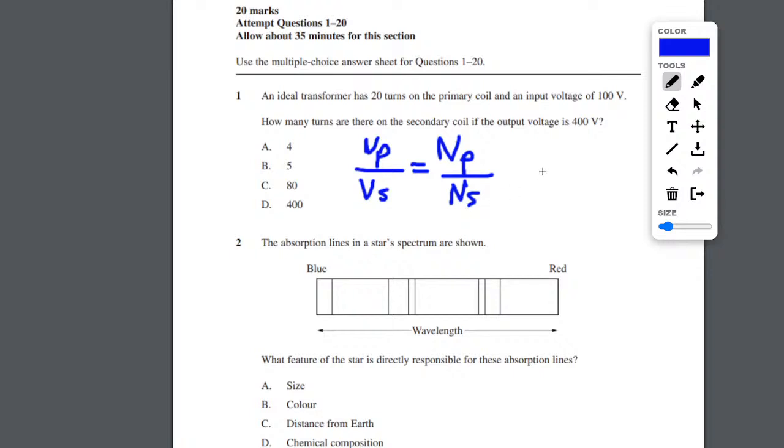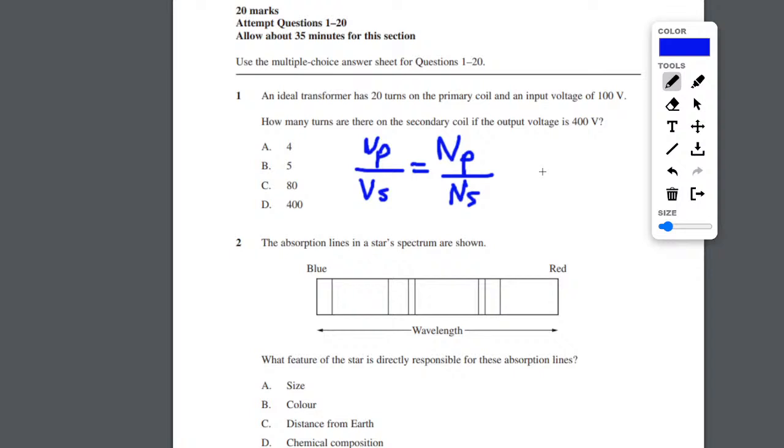Okay, so now question 1. This is the 2022 paper. So VP is 20. Wait, no. NP is 20. My bad. Let me write this whole thing out. VP over VS equals NP over NS equals 20 turns.